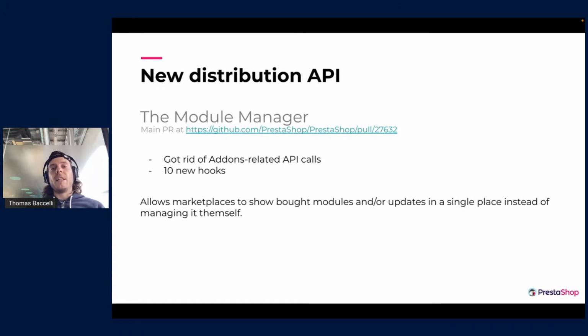As of today, there is only one marketplace we know, officially at least, for PrestaShop, which is MBO. But we can imagine that we have multiple marketplaces, and they will have a way to provide their updates in a single point instead of having to go in every marketplace to see which updates are available.